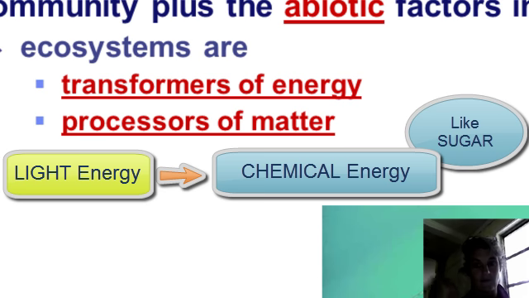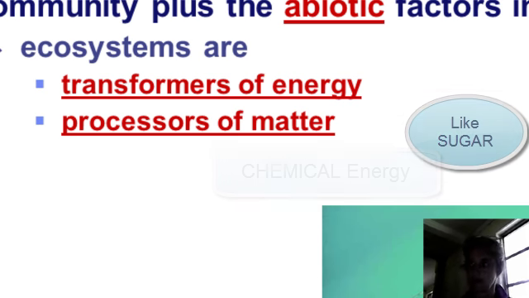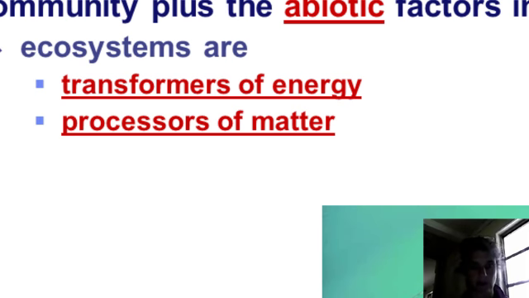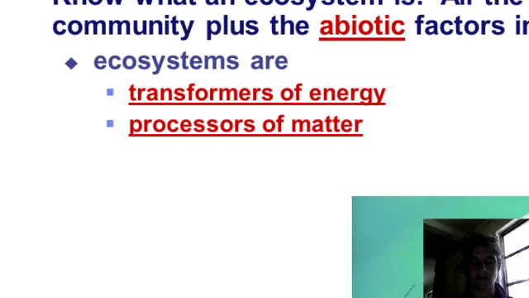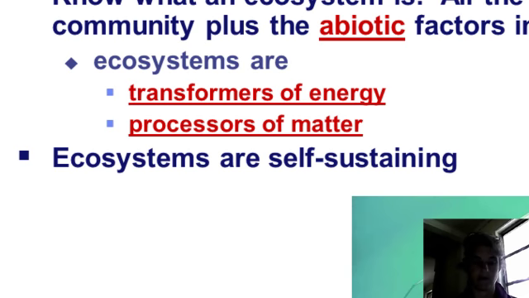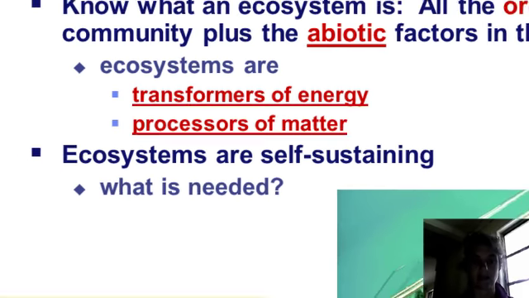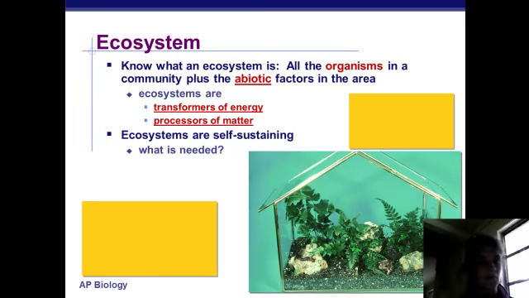So transformers of energy and then processors of matter that take nutrients, so this is the nutrient component, out of the soil, out of the air, and change their configuration again so they can be accessed by other organisms. Ecosystems are self-sustaining in that they could do this over and over and over as long as there is an energy input.